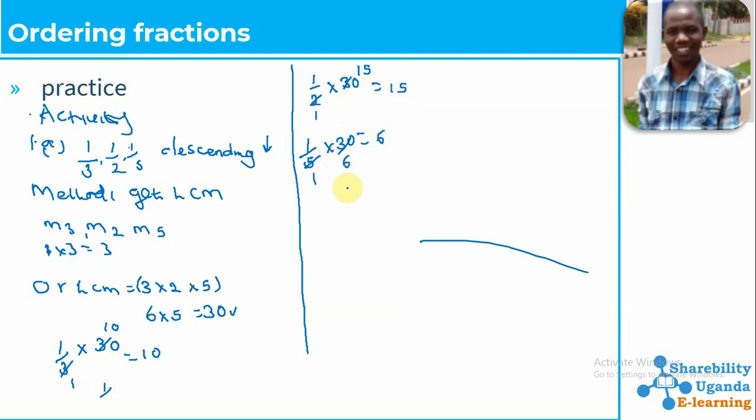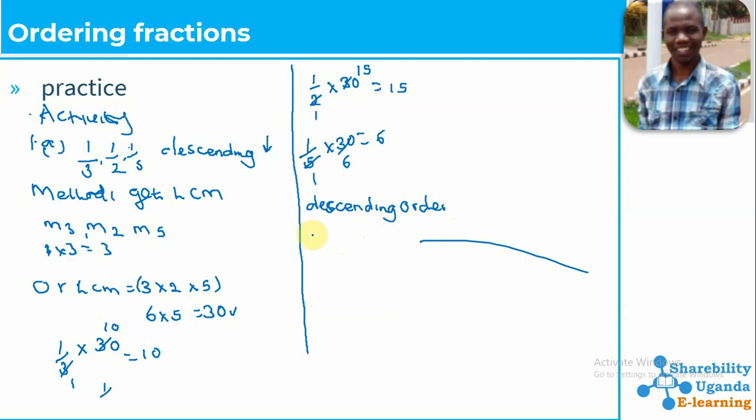Now here they want us to arrange it in descending order. So in our descending order, we shall look out for the one which is the biggest, from the biggest to the smallest.